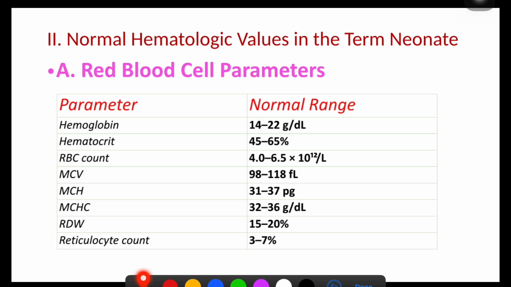Normally on the first day of life: hemoglobin 14 to 22 gram per deciliter, hematocrit 45 to 65%, RBC count 4 to 6.5 million, MCV 98 to 118 femtoliter, MCH 31 to 37 picogram, MCHC 32 to 36 gram per deciliter, RDW 15 to 20% and reticulocyte count is 3 to 7%. So, this is the normal range in the term neonate for RBC.